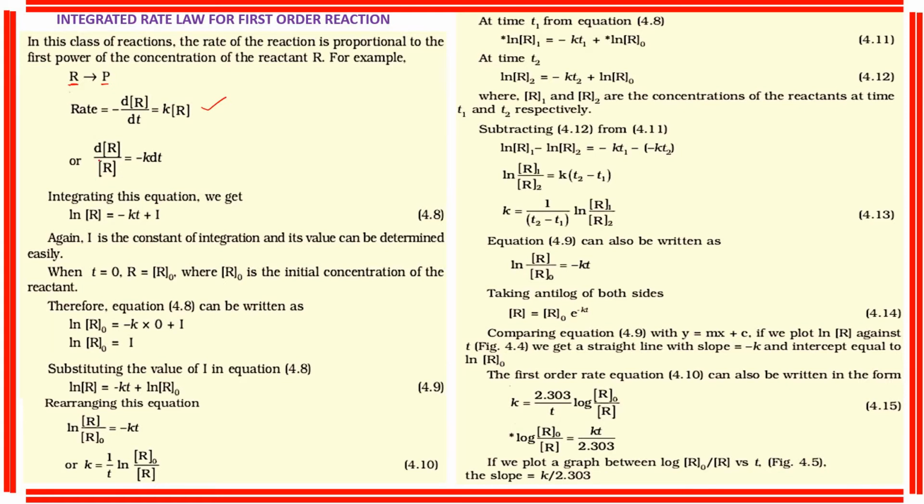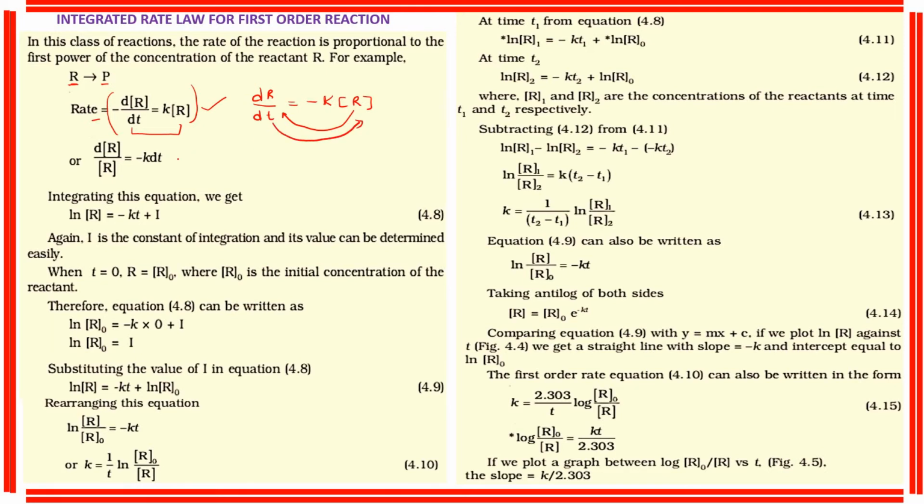Now I am taking these two. By just multiplying this with a minus, minus into minus is plus, so we are going to get d[R]/dt equal to minus K into the concentration of R. Now send the concentration of R to the left hand side and send dt to the right hand side.